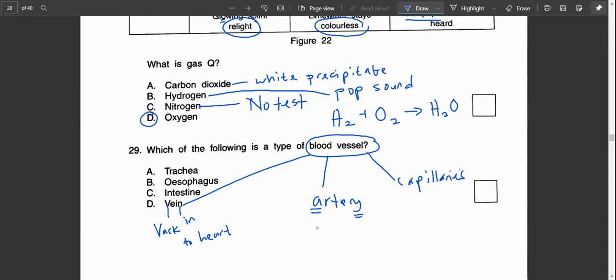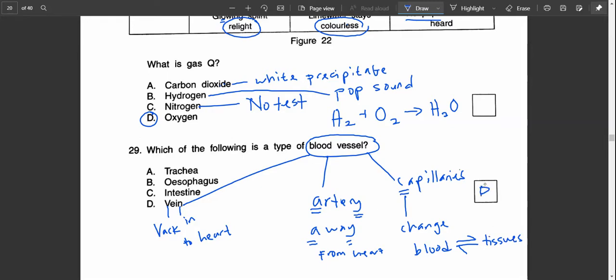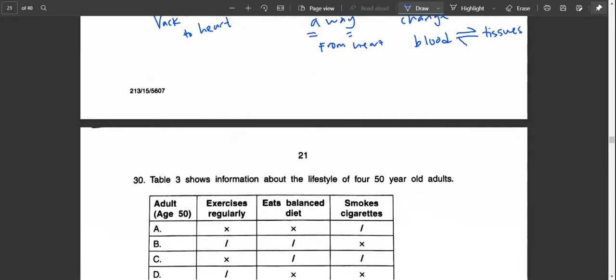Artery carries blood away from the heart, and capillaries are for exchange of substances between the blood and tissues. Therefore the answer is D. You have to memorize this one. This is a direct question.